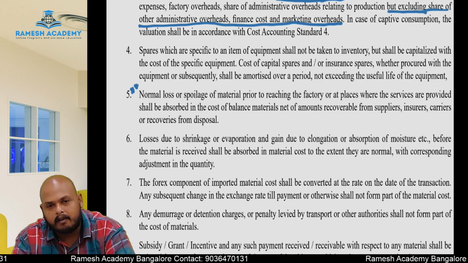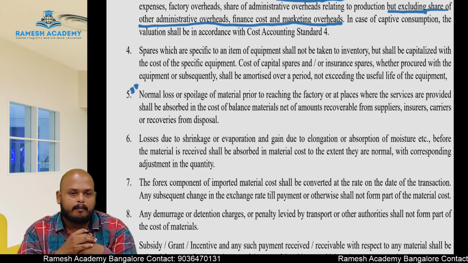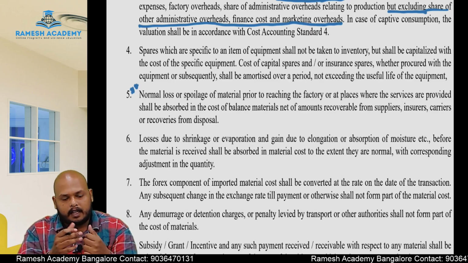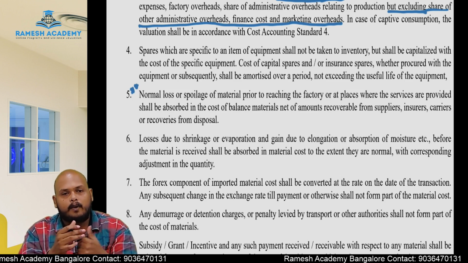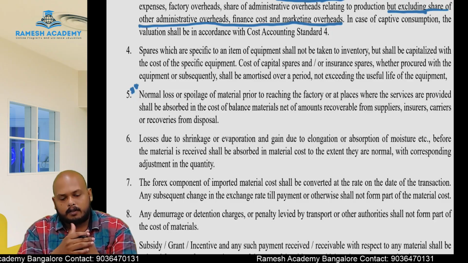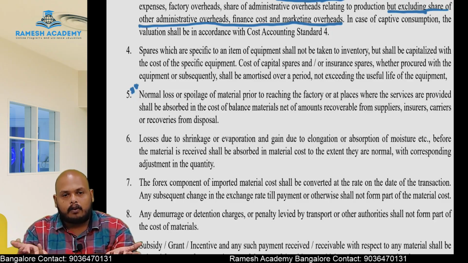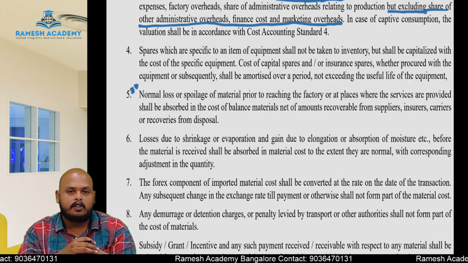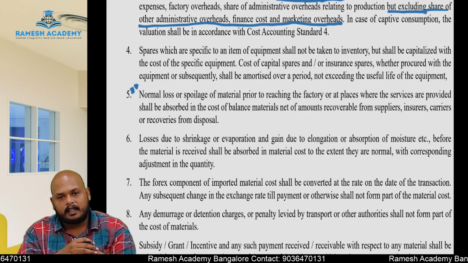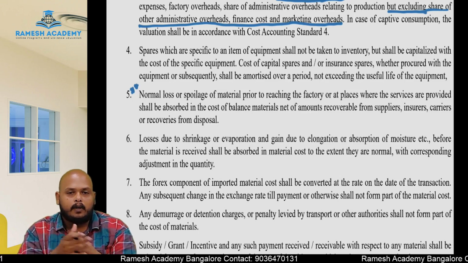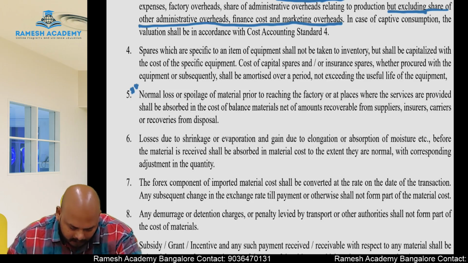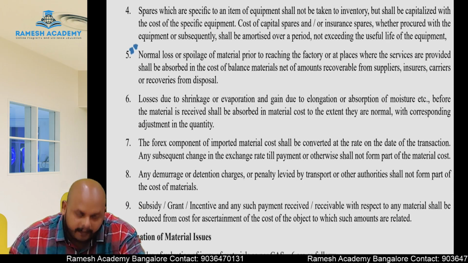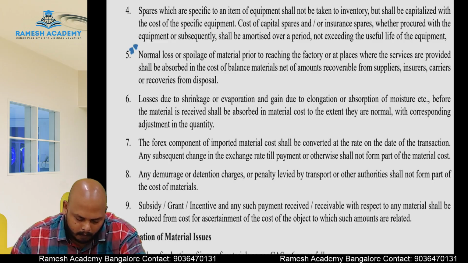Let's take an example of petrol, nana. There are two types of losses we can see, nana. One is normal loss, another one is abnormal loss, nana. If it is a normal loss, when we are loading or unloading, a certain percentage of petrol will get evaporated, nana. Compulsorily a certain percentage of petrol will get evaporated when we are loading and unloading petrol, nana. So if any normal loss happens, what do we have to do with that normal loss, nana?